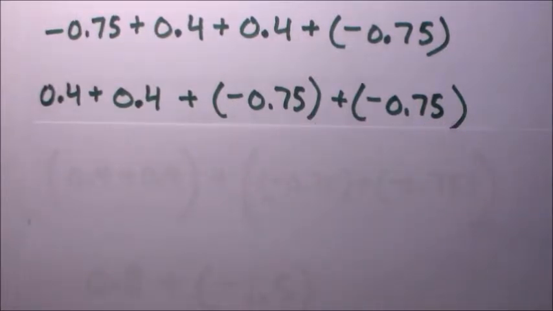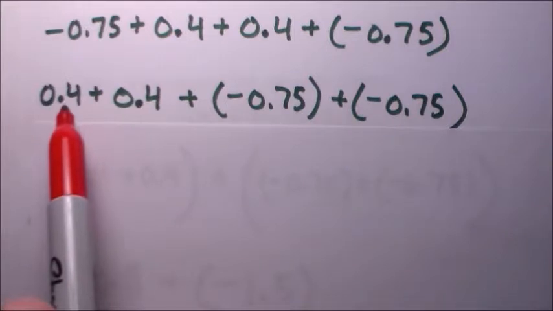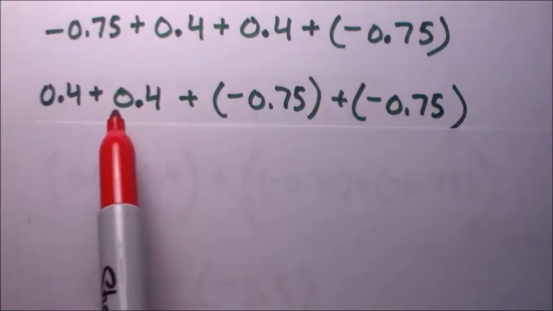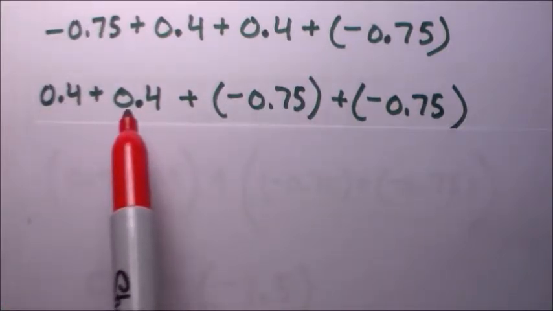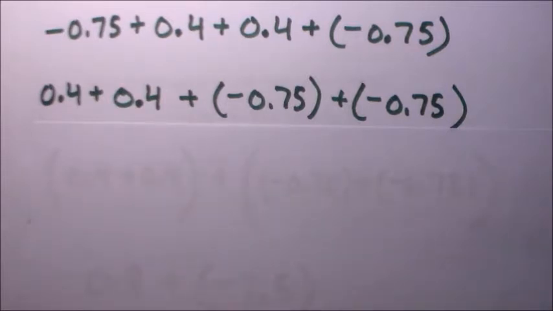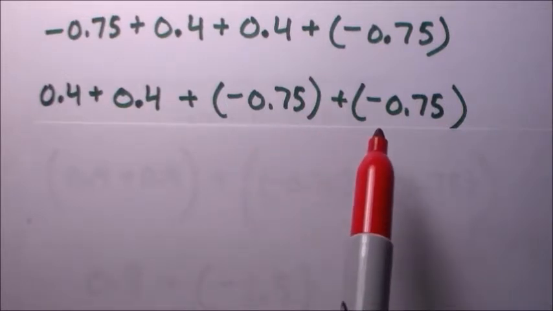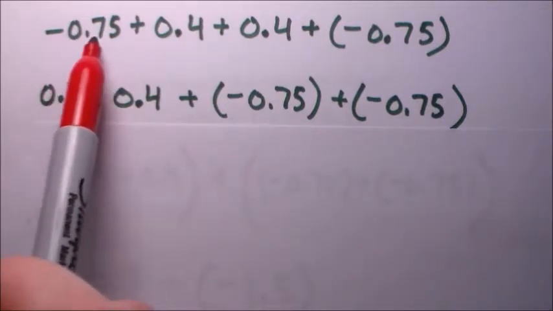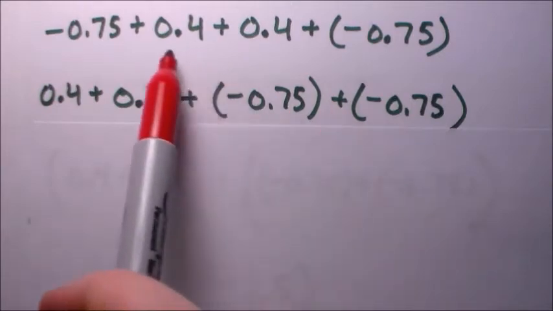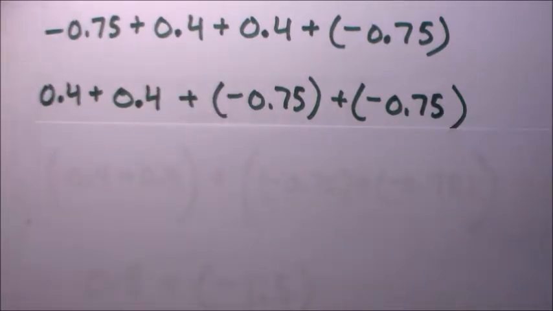You really want it to be positive 0.4 plus negative 0.4, so they can cancel out and become 0, but they just don't. And there we go.